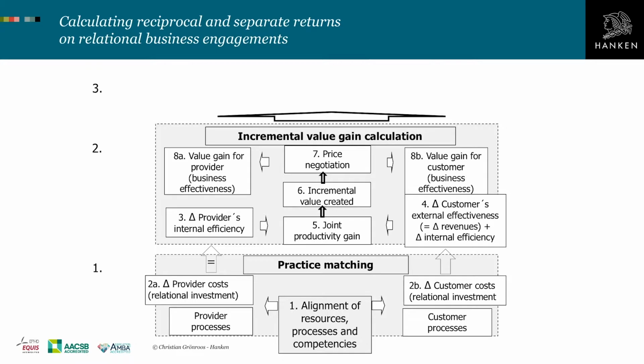But you see in the same box, number 4, there is also a delta customer's external efficiency, that is changes in revenues. This is a projection that must be done about how much, given the support of this provider we now are going into business with, the customer can expect to get additional business or additional revenues from the same business through premium pricing, for example.